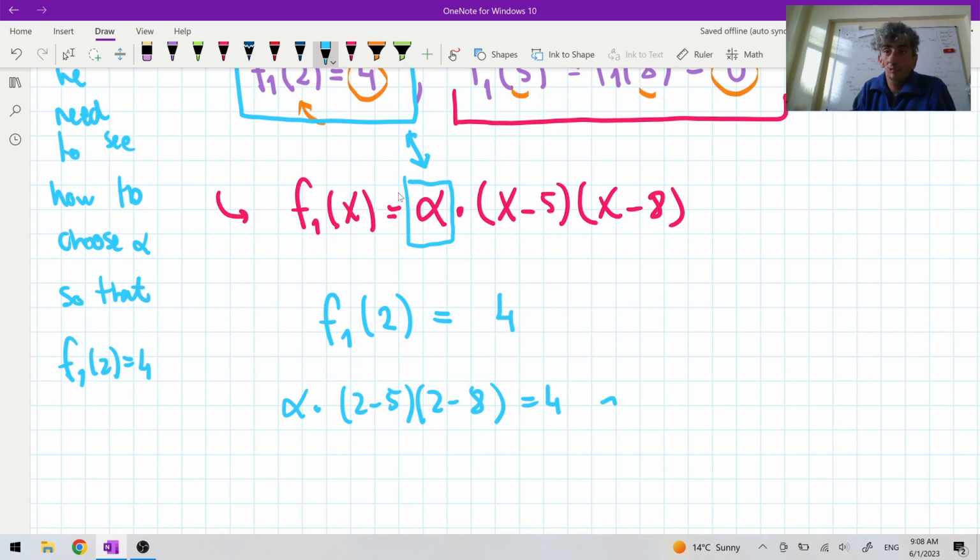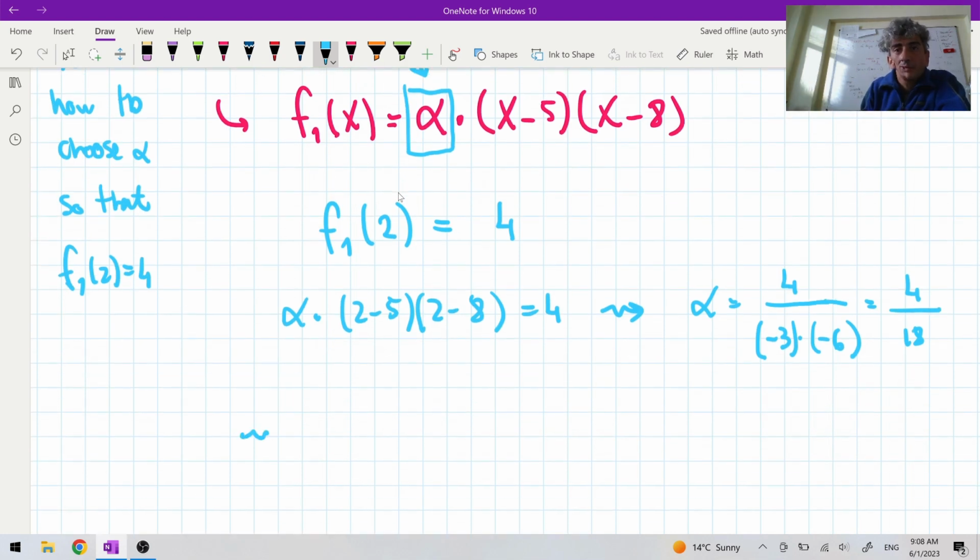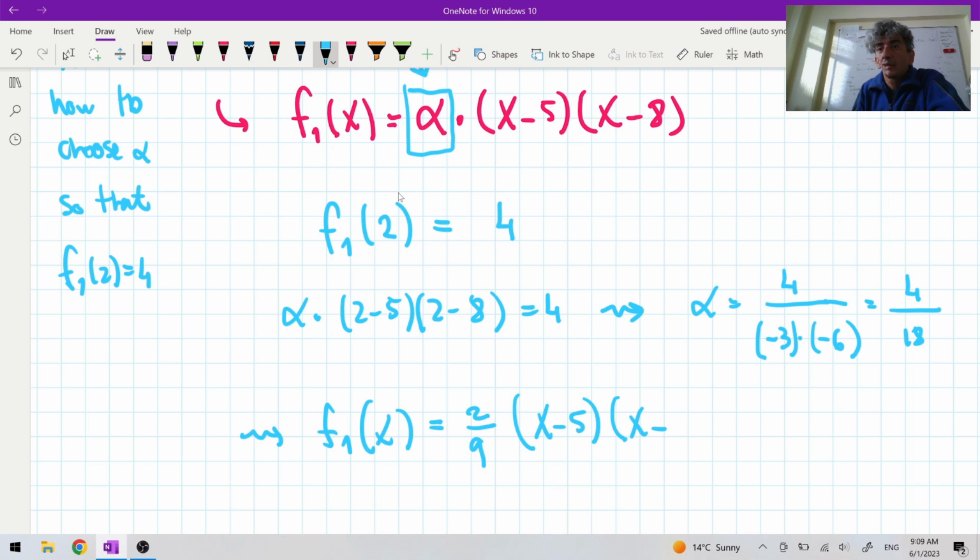And here we simply solve for alpha. 4 over minus 3 times minus 6. This is 4 over 18. So in the end, f1 of x is simply 2/9 of x minus 5 times x minus 8.